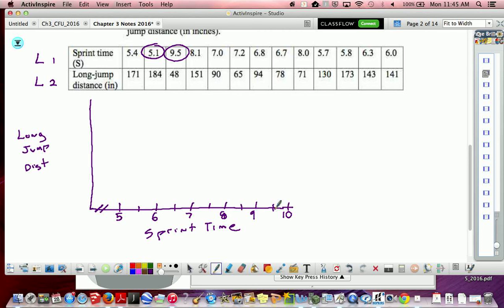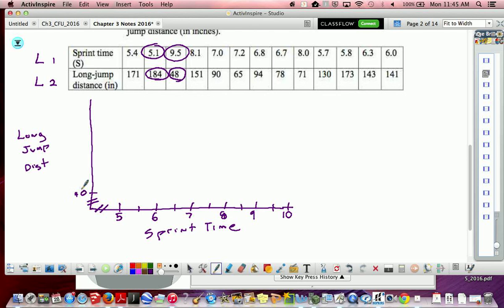Now I'm going to do the same thing for the long jump distances. The shortest distance looks like 48, and the highest 173, 184. So I'm going to break the graph there. I might start at 50. Actually, I'll go 40 since we have a 48.